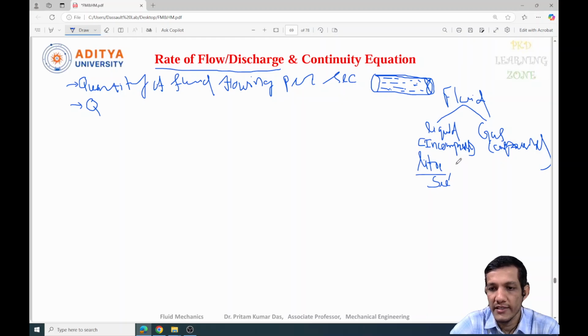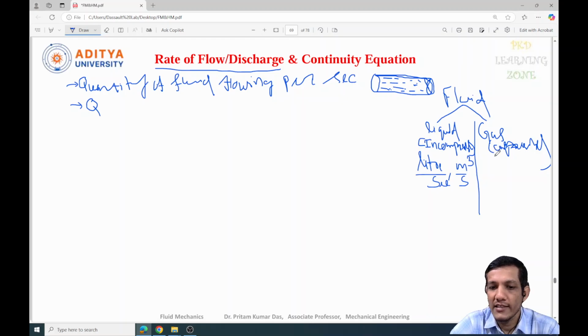Volume per second is meter cube per second. So for an incompressible liquid we can define it in terms of liter per second or meter cube per second, which is nothing but volume per second.